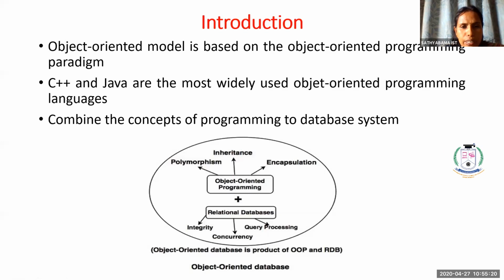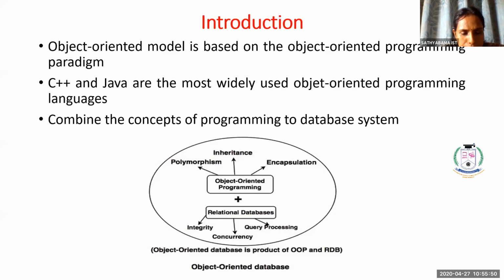Now when coming to the object-oriented data model, look at this diagram. In this, we have object-oriented programming concepts. They are going to combine in your relational database. Say for example, in your relational database, the major concepts we have to cover are integrity, that is the consistency among your data transactions, as well as concurrency and also query processing.